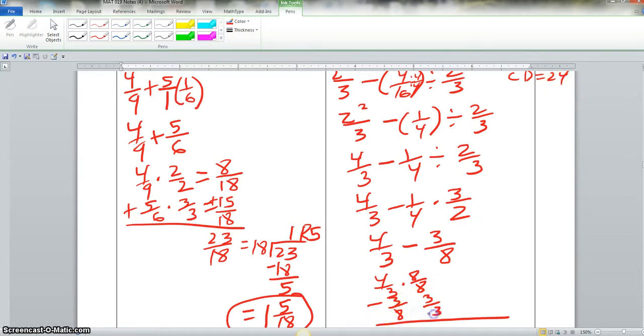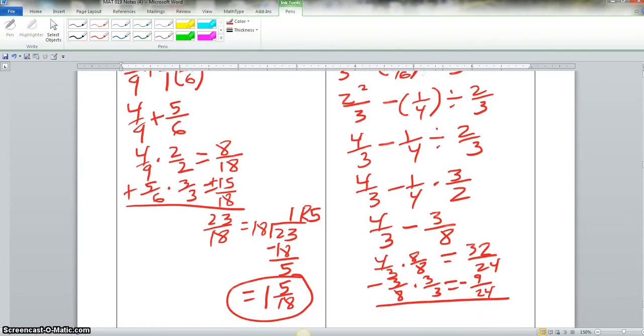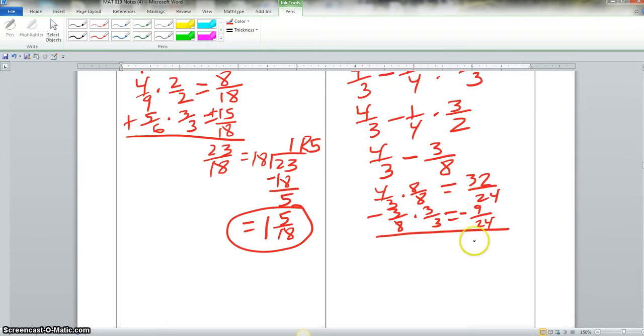We'll multiply the numerator and denominator by 3. 4 times 8 is 32. 3 times 8 is 24. And then we have 3 times 3 is 9. And 8 times 3 is 24. And this is subtraction. 32 minus 9 is actually 23, all over 24, and that is the final answer.